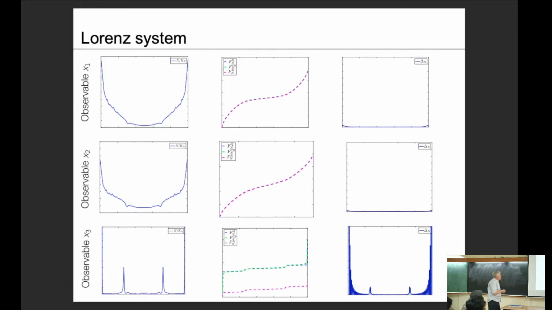do match. The famous Lorentz system, as you know, if you see it from different coordinates, it can be chaotic or can be very deterministic.